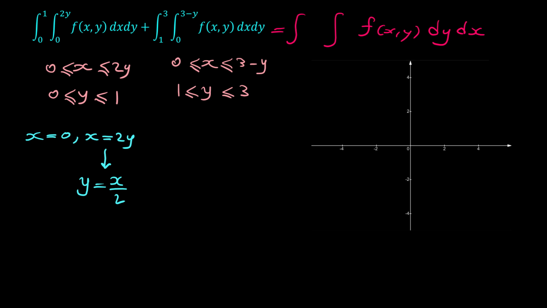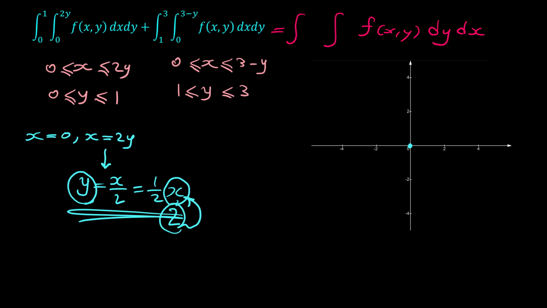So x is again from 0 to y equals x over 2. y equals x over 2 is a simple line whose slope is 1/2, because x over 2 is basically 1/2 x. This line passes through the origin, because if you plug in 0 for x, y is 0. And if we plug in 2 for x, 2 times 1/2 is 1.